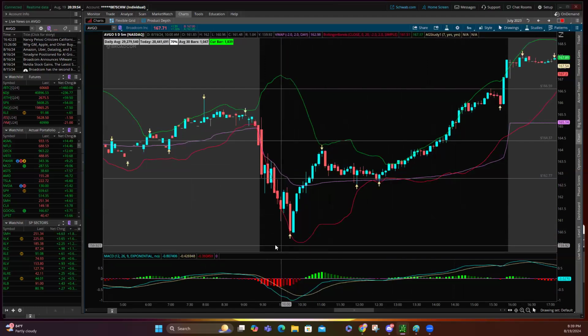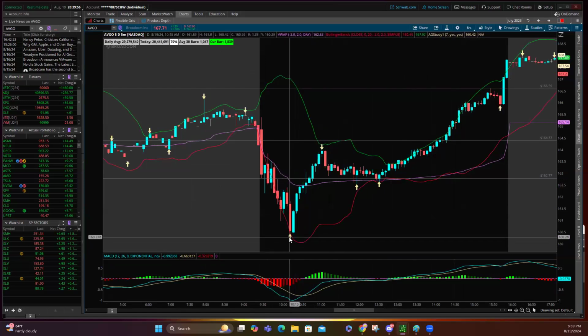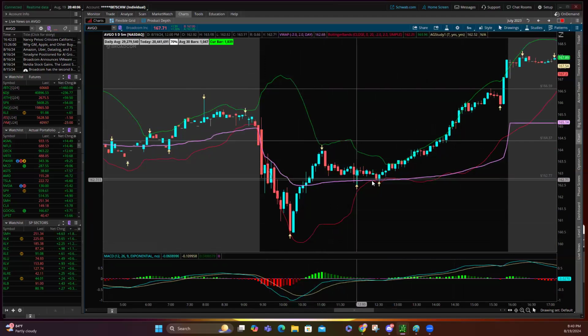Not when we are outside the band. The entry is right when we touch the band and we start moving away from the band, meaning we're doing a reversal, moving back to the mean. The mean should be the 20 daily SMA, or for me, it's the VWAP because I use the volume too. Any of those, it's going to be right in the middle.